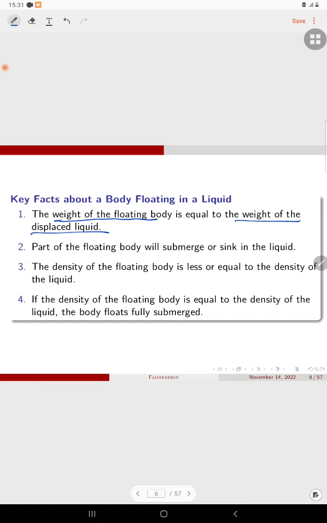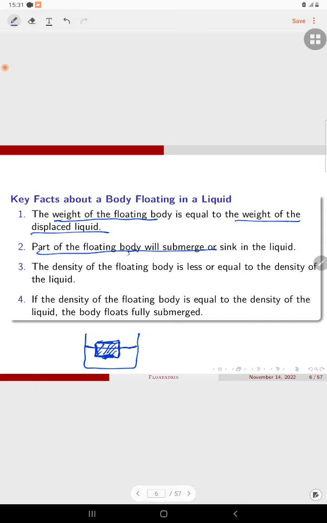Another one is that part of the body will submerge or sink. It is not every part that will get inside. Part will submerge, and there will be part also above the liquid surface.